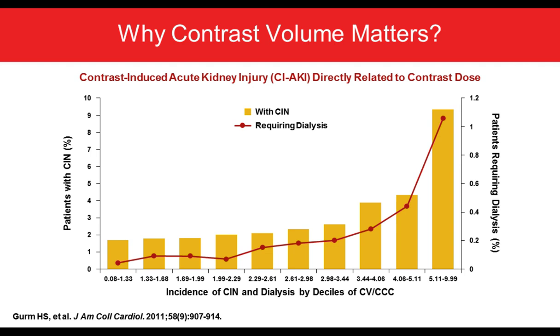And you can see that for the most part, the risk stays quite flat, but as we start increasing the contrast volume to creatinine clearance ratio, certainly over 2, then steadily over 2.5, and then more markedly over 3.5, the rate of both dialysis and acute kidney injury increases substantially. So contrast volume as a ratio of baseline renal function is an important metric.